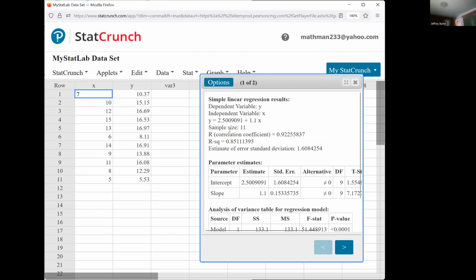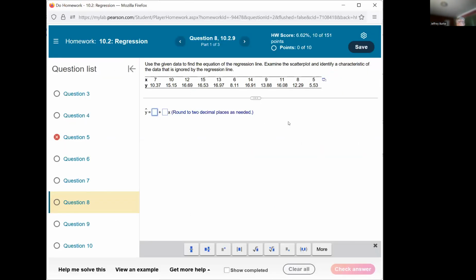Now it says it wants everything around 2 decimal places, so it's going to be y equals 2.50, and then the second part is going to be 1.1.